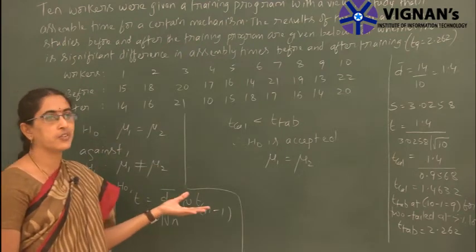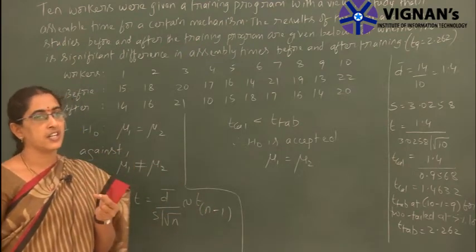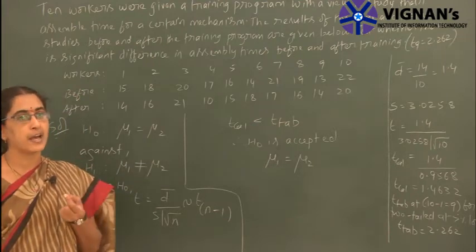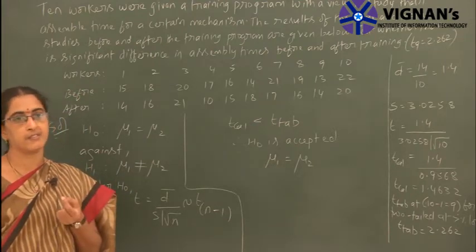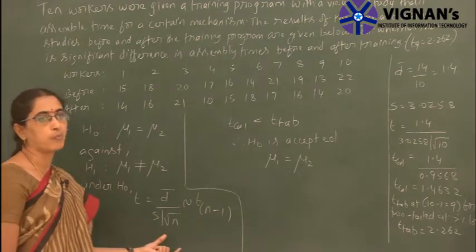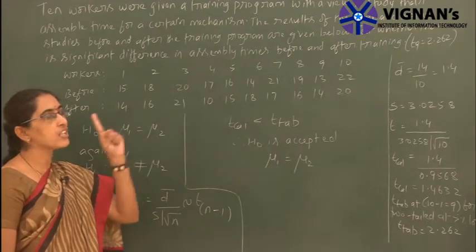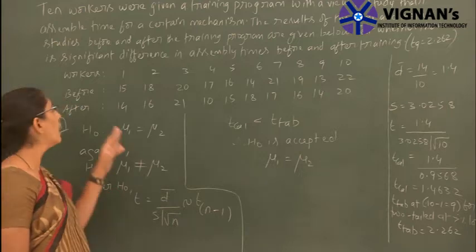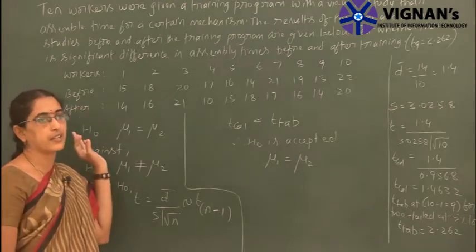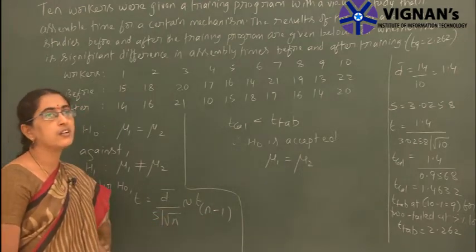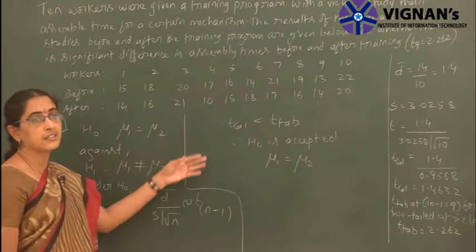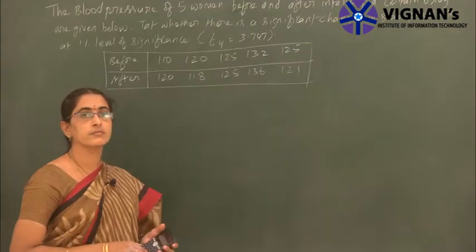Because you may get confused with the t-test for difference of means, that is x bar minus y bar by capital S into square root of 1 by n1 plus 1 by n2, and this formula. So remember, always only one sample size will be given to you, and for that before and after will be given. Okay. So this is about the paired t-test for difference of means.